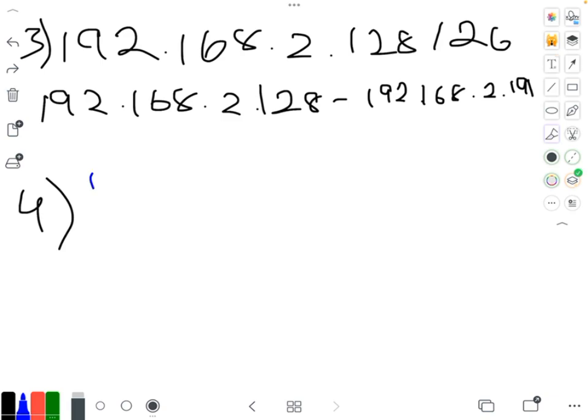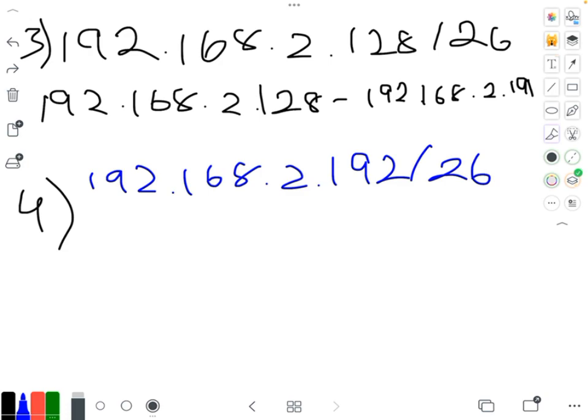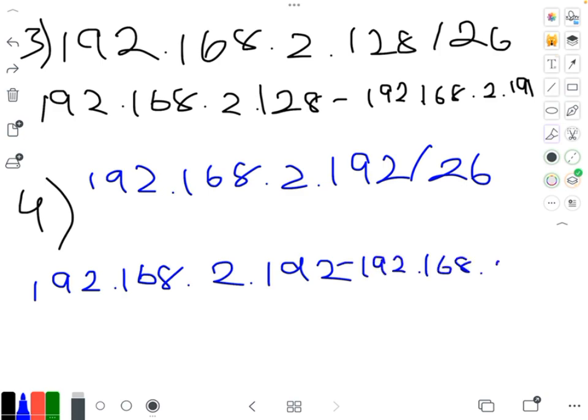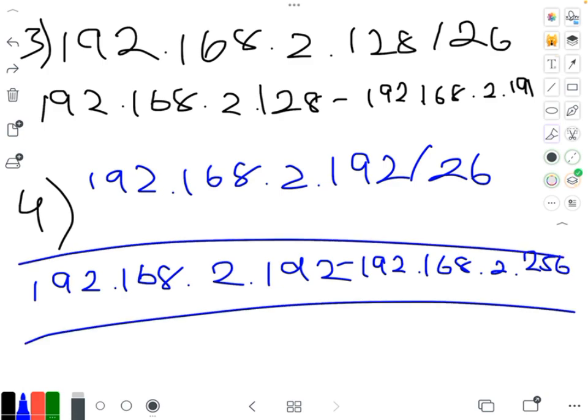And our fourth one is going to be 192.168.2.192, and it's going to range from 192.168.2.192 to 192.168.2.255.